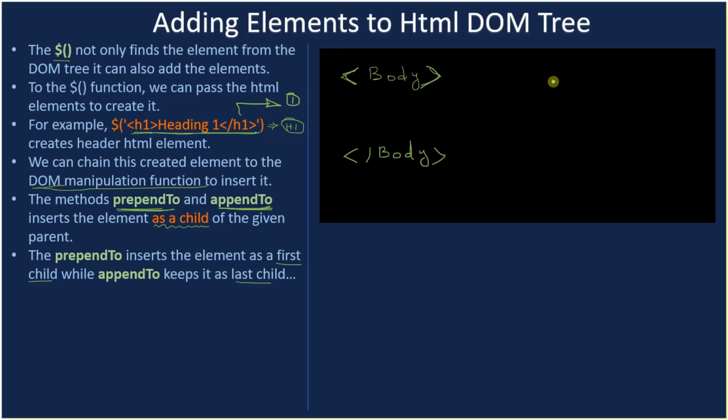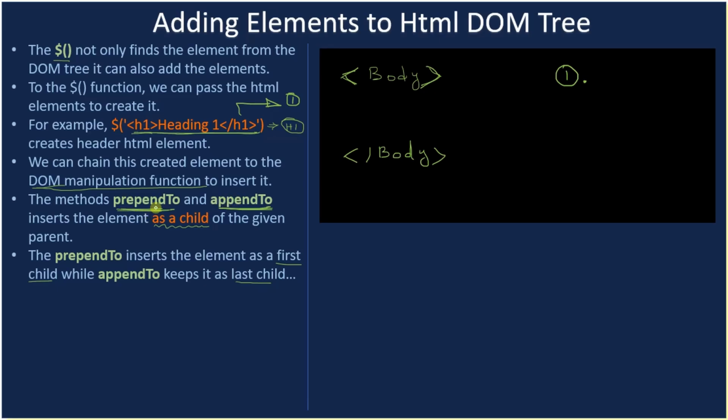When you execute this, it will give the HTML as a JavaScript object, which is nothing but the heading 1, the h1 we are creating. So the element is created, but it is not added to the DOM tree. So you can make use of the functions prependTo or appendTo.